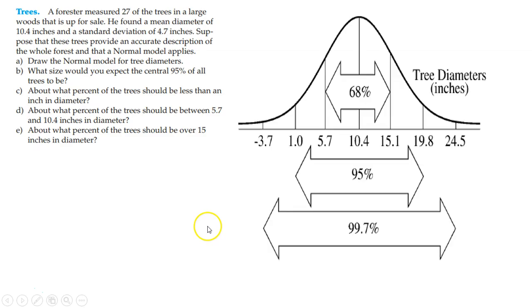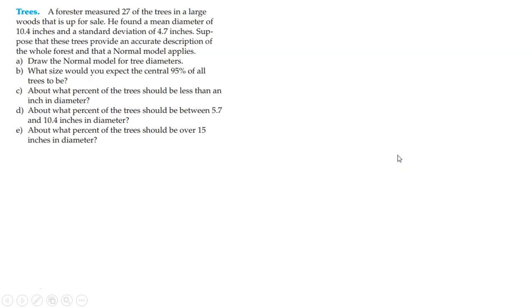So I can easily draw my picture because I have the mean, and using the empirical rule, my standard deviation 4.7 up and down to find my stuff. So I drew my model and I labeled the 68, 95, and 99.7. It says, what size would you expect the central 95% of the trees to be? Between 1 and 19.8 basically is what we're saying.